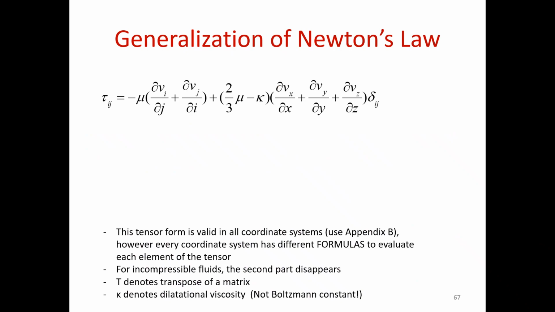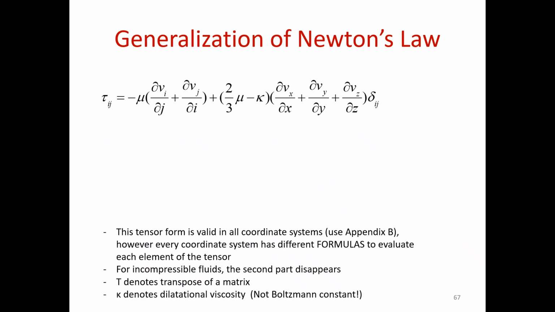Tau ij, and ij could be either of the x and y. So let's assume this is tau yx. Then instead of i I will write a y, instead of j I will write an x. It's minus mu times dvy/dx plus dvx/dy.